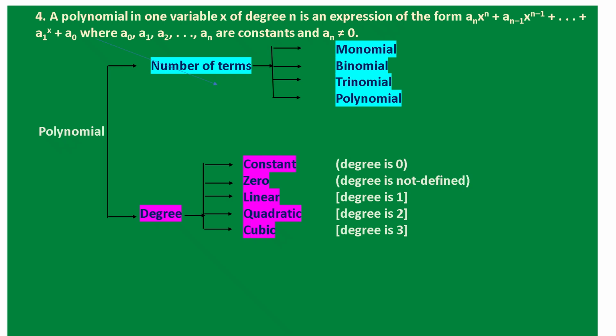When the polynomial itself is equal to 0, then the degree of it is not defined. And the third one is a linear polynomial when the degree is 1, quadratic when the degree is 2, cubic when the degree is 3. We can look into these explanations of the number of terms and the degrees in the subsequent slides.